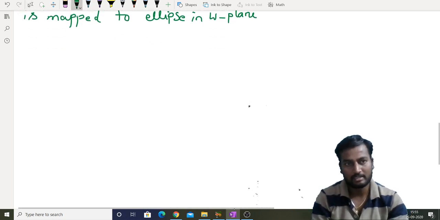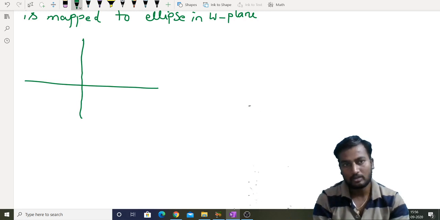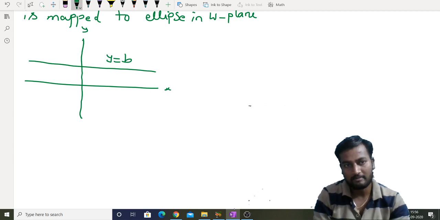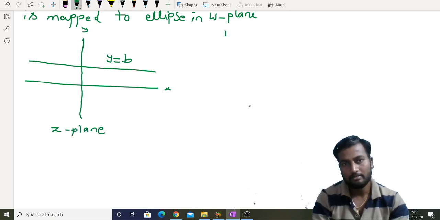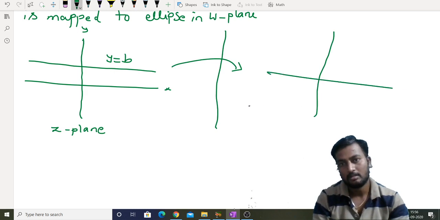So we can figure it out. See, this is our z plane, with a line parallel to the x-axis, y equal to b now. This is our z plane, x and y. Now what is the w plane? This is mapped to the w plane. So what is this?